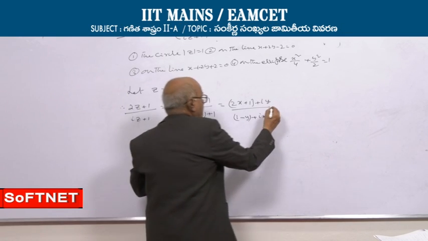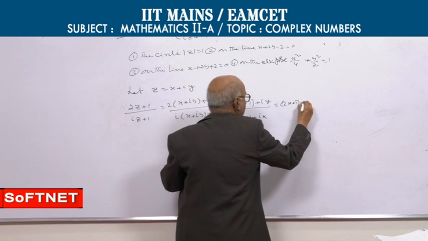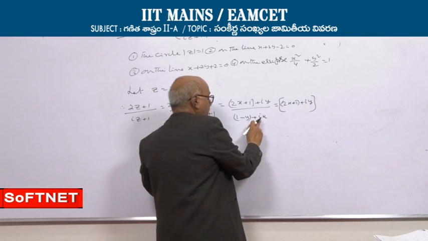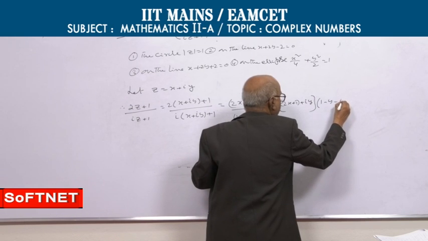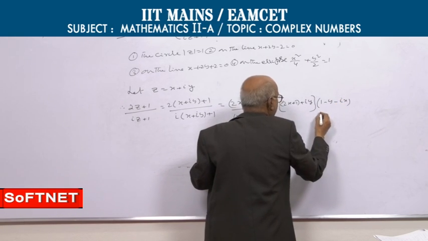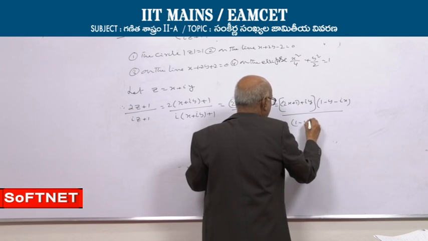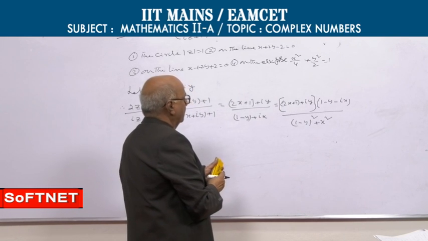So this 2x plus 1 plus iy into, multiply numerator and denominator with the conjugate, 1 minus y minus ix, by 1 minus y whole square plus x square.